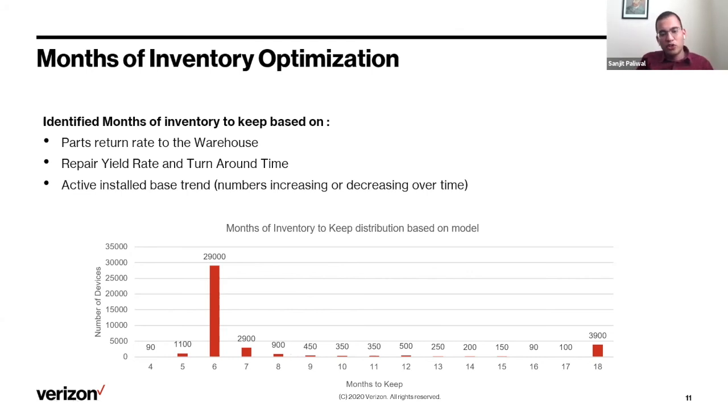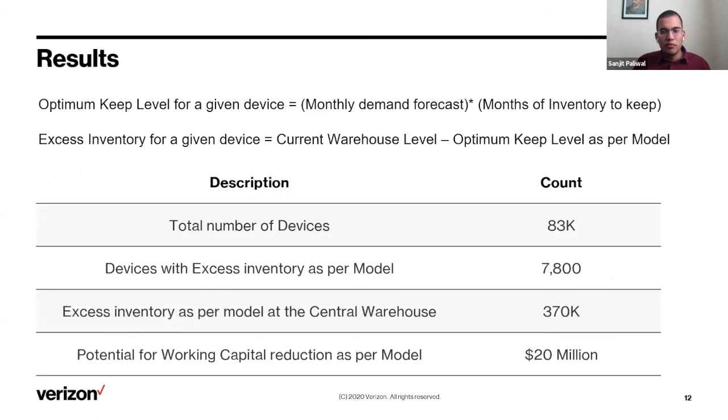So this shows what the algorithm is telling us about the months of inventory to keep. Now, going forward, we already have the monthly forecast, and now we have the months of inventory to keep. So now we have the results slide.